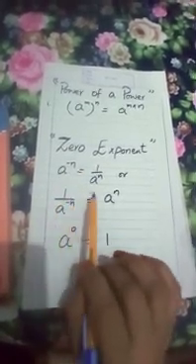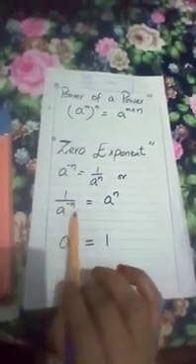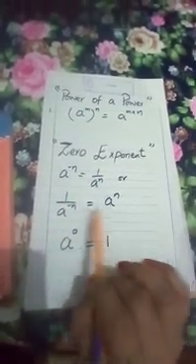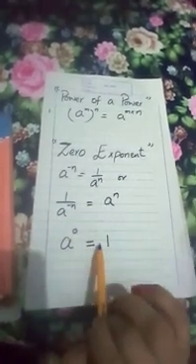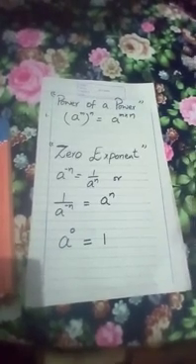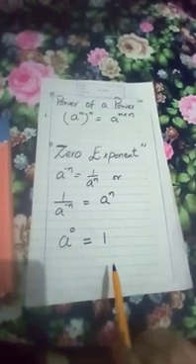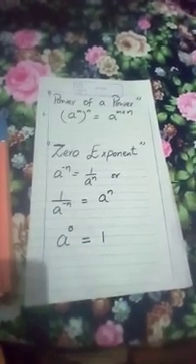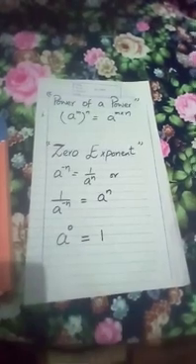And if we use the symmetric property here, 1 by a^(-n) is equal to a^n, and a^0 is equal to 1. This is the zero exponents law. Any non-zero number raised to the power 0 is equal to 1. For any non-zero number a, a^0 is equal to 1.